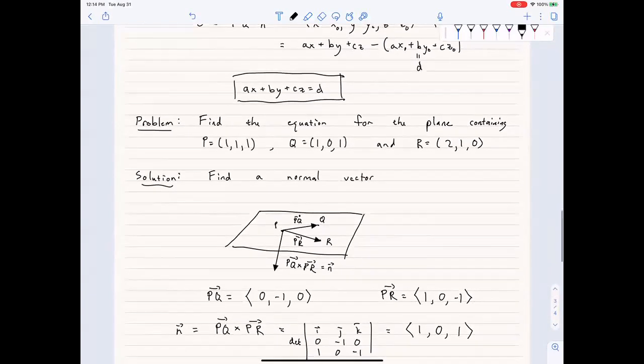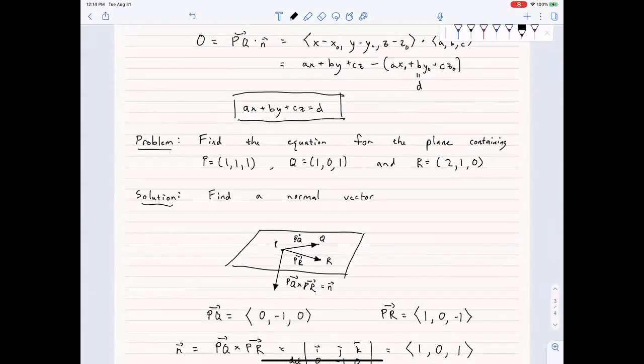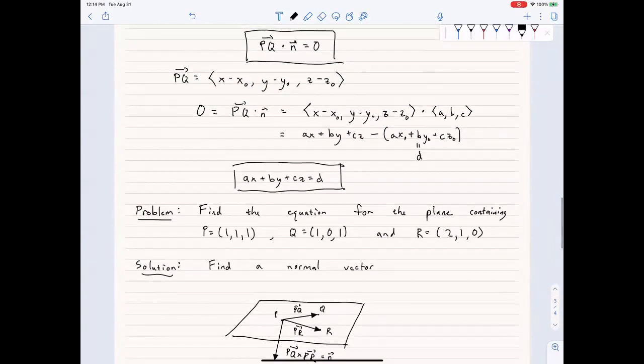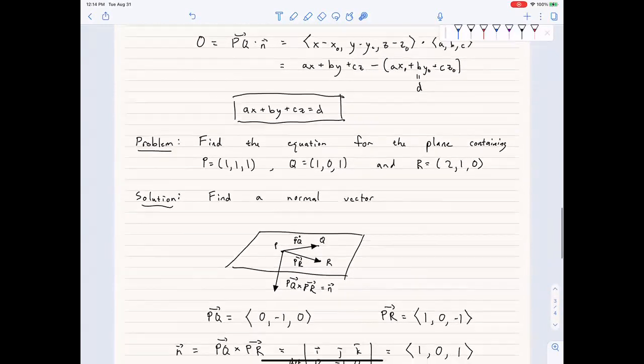Once I have that, I can easily write down the equation, using either point here. I'll use the equation written in the form on the important concept screen.